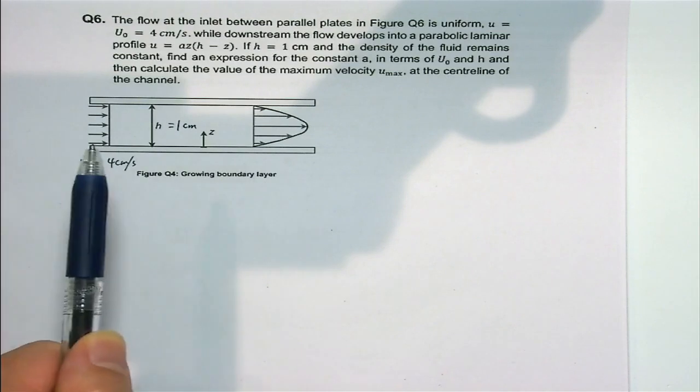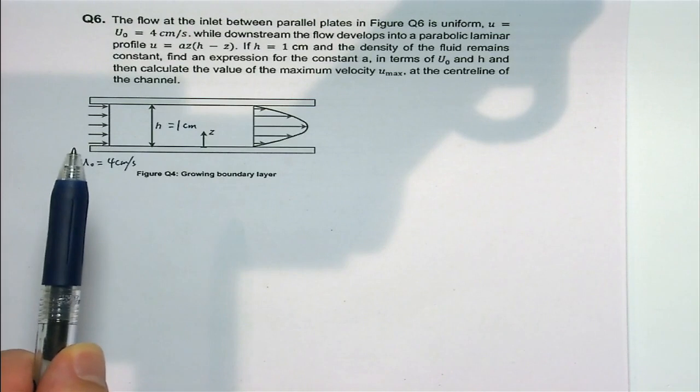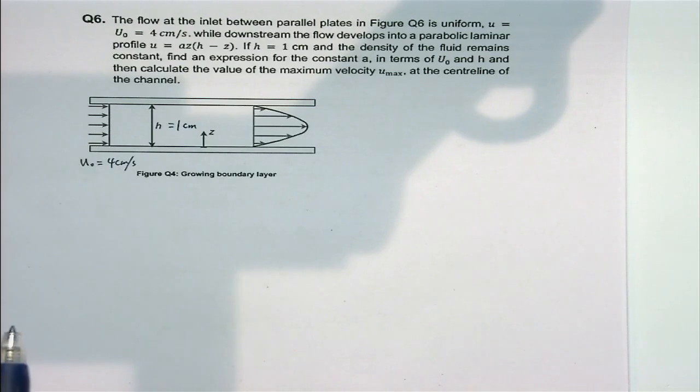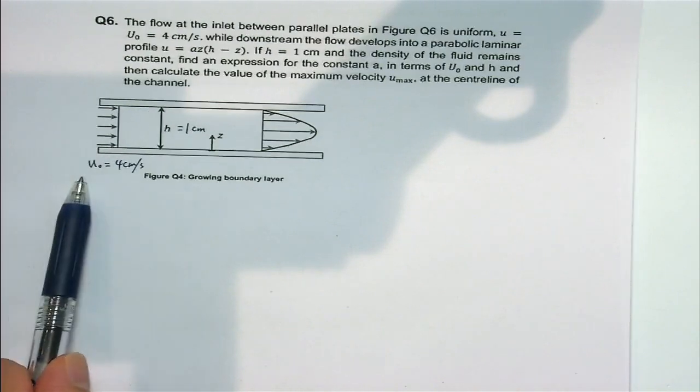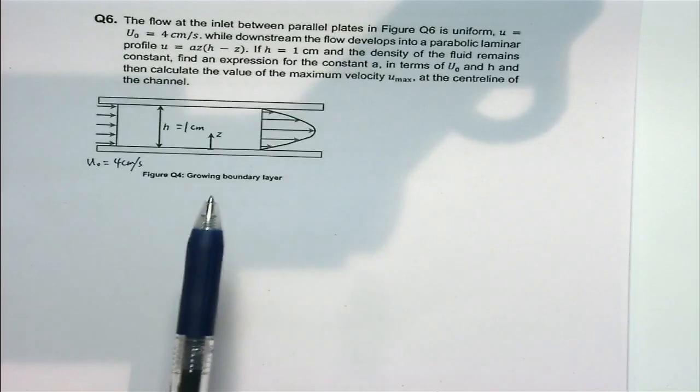So on the left, it's easy to get the expression. Because this is incompressible, the density not changed, so the volume flow rate on the left is equal to the volume flow rate on the right. So how to solve the volume flow rate on the right? Just put that u into the equation of mass flow rate.